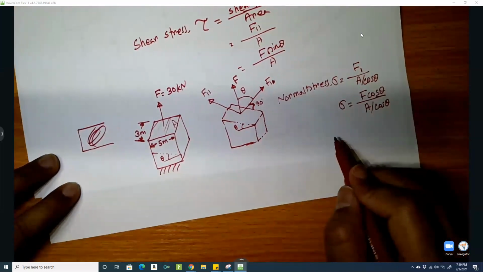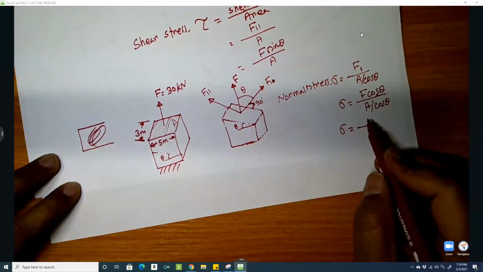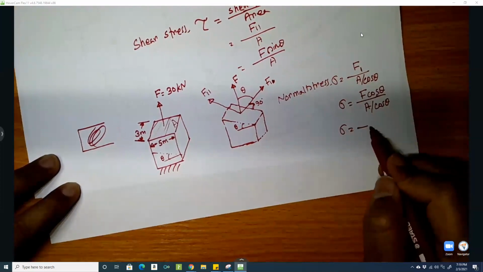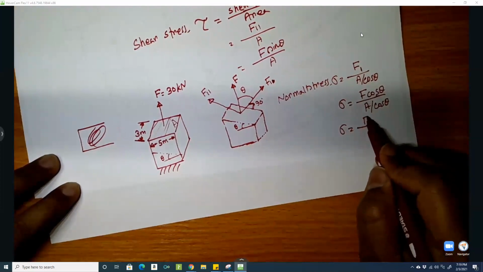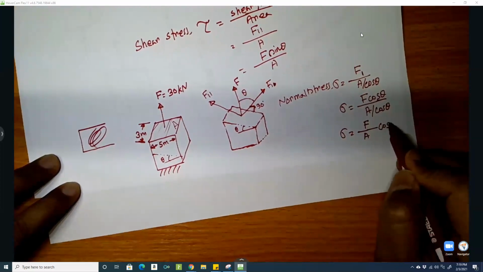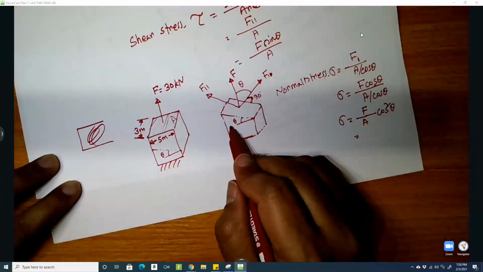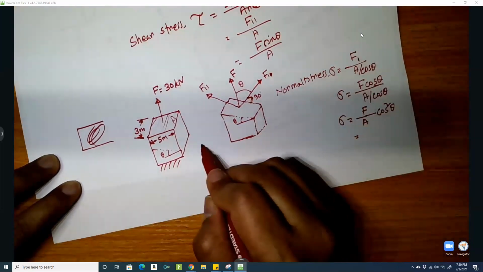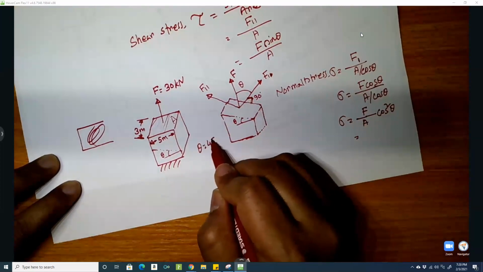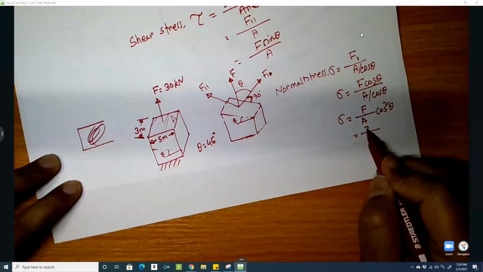So sigma is equal to F by A cosine square theta.